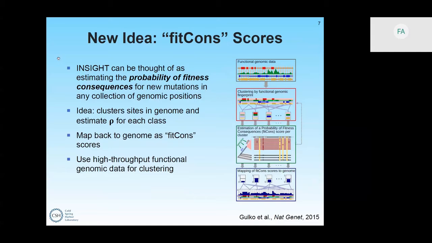And then we're going to cluster sites in the genome by their joint patterns of these epigenomic features. So for example, one cluster might have a high RNA-seq signal and a low DNA-seq signal, and histone modifications that are indicative of promoters or something.